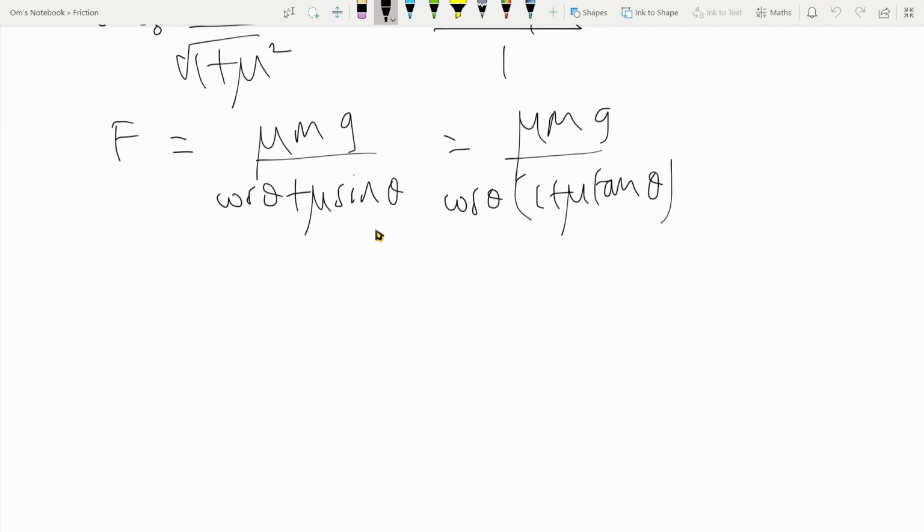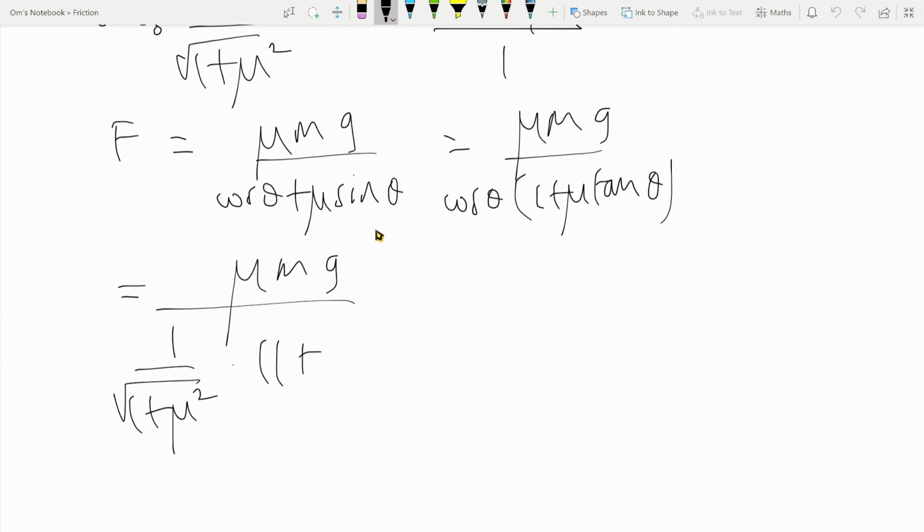So this we can substitute the value, so we'll find mu mg by cos theta is 1 by root of 1 plus mu square times 1 plus mu into mu. So this is nothing but mu mg by 1 plus mu square by root of 1 plus mu square.